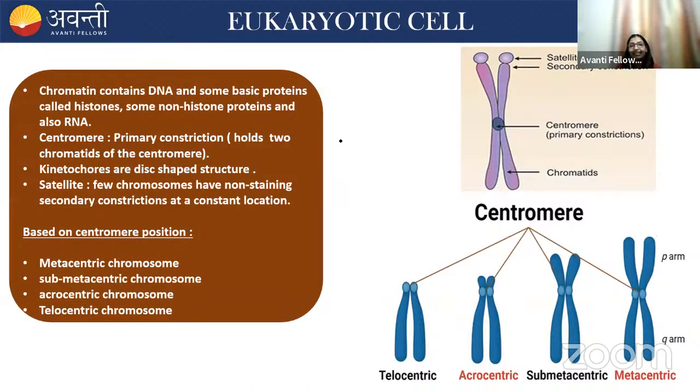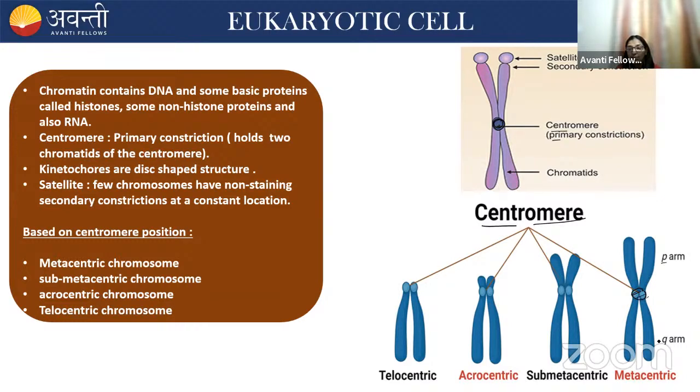Chromatin contains DNA, some basic proteins called histones, some non-histone proteins, and also RNA. The primary constriction is present on the chromosome, which is known as the centromere. The main function of the centromere is to hold the sister chromatids together. And based on the position of the centromere, the chromosomes are of 4 types. They can be metacentric if the centromere is present in the center, dividing the chromosome into equal arms.